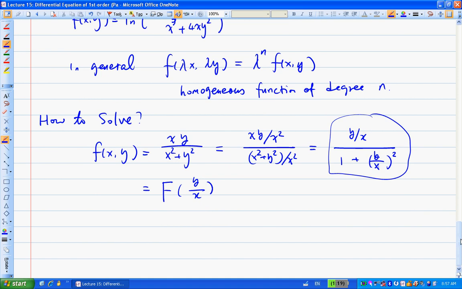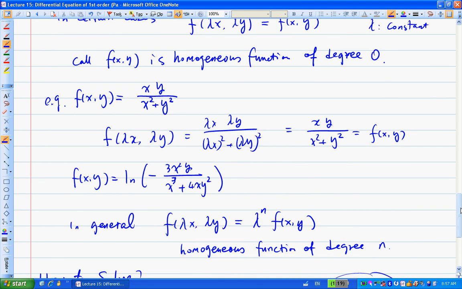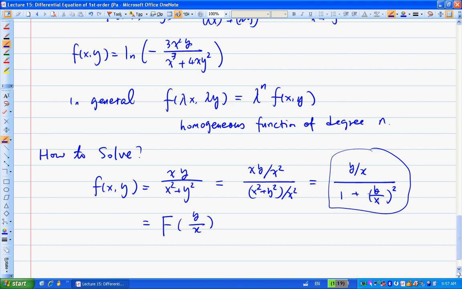So in other words, this is basically the shortcut I was trying to show you. How do I know whether this is a homogeneous function of degree 0? You do this. As long as you can transform your original f of x, y into a function of y over x, then it is guaranteed to be a homogeneous function of degree 0.